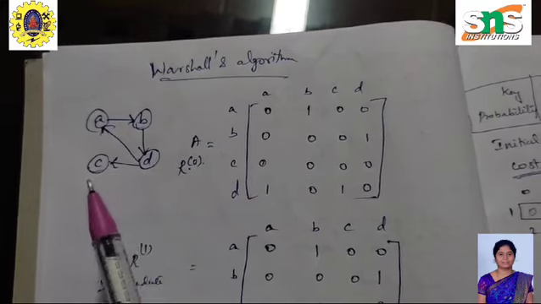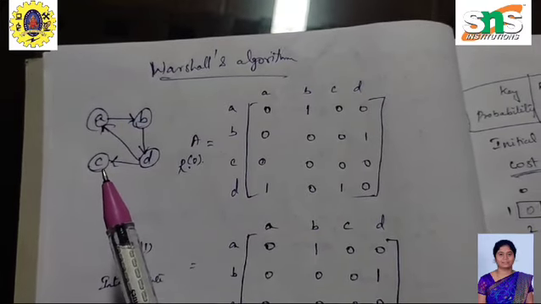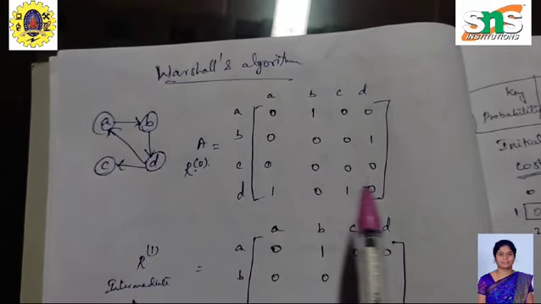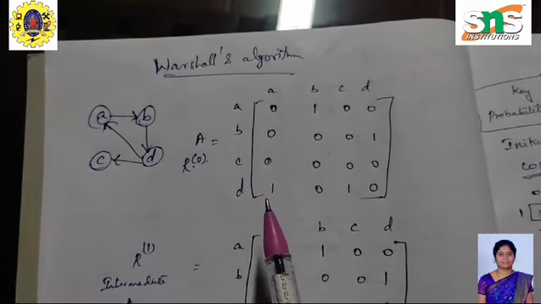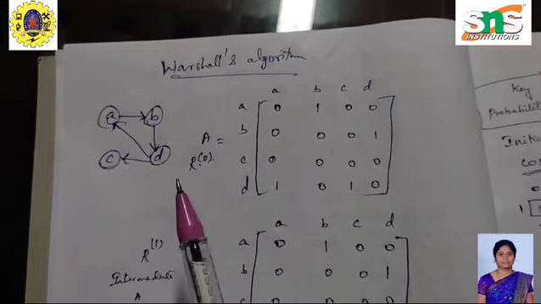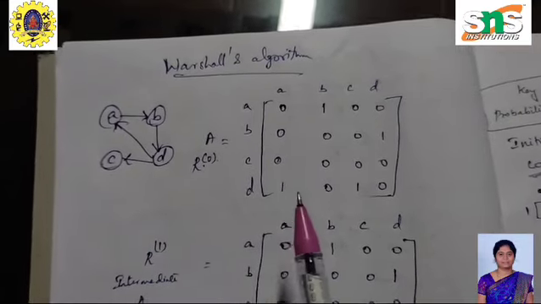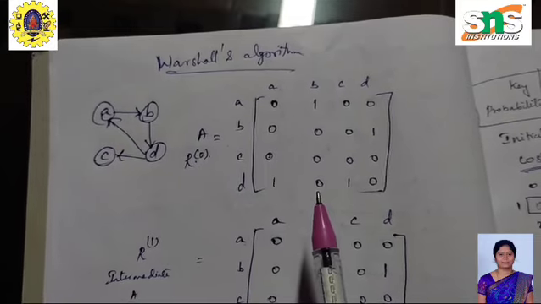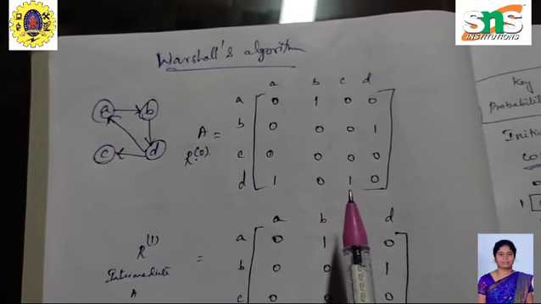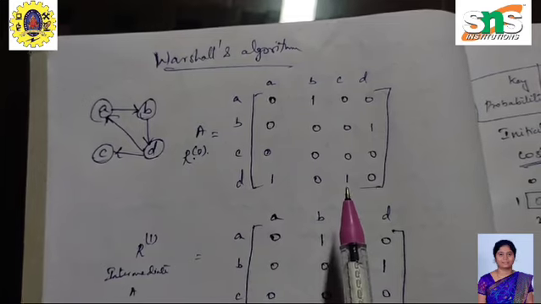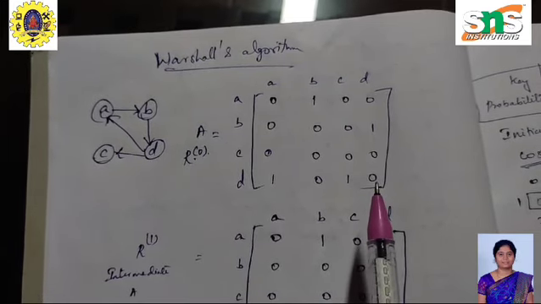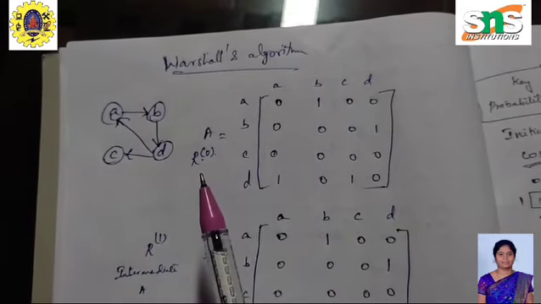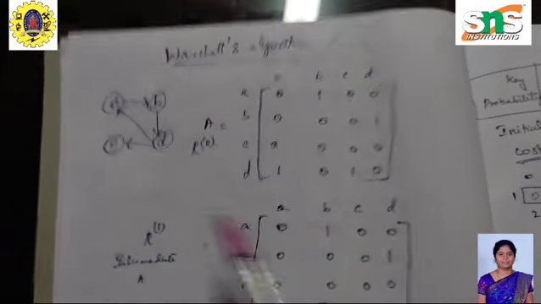For C I don't have any direct connection: C to A, C to B, C to C, C to D, so I mention 0. Next is D to A. I have a connection from D to A, so it is 1, and for D to B I don't have a connection, so it is 0, and D to C I have a connection, 1, and D to D I don't have a connection, it is 0. So this is the adjacency matrix, and it will be considered as R0.